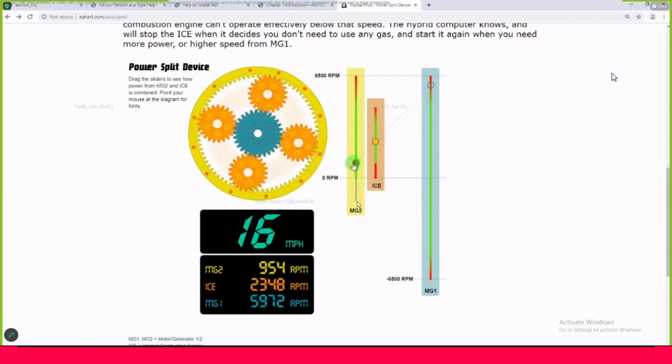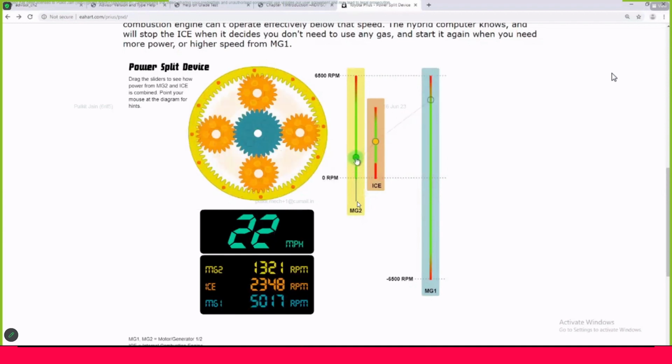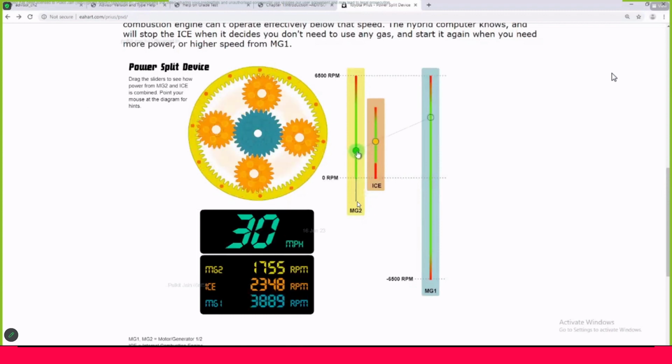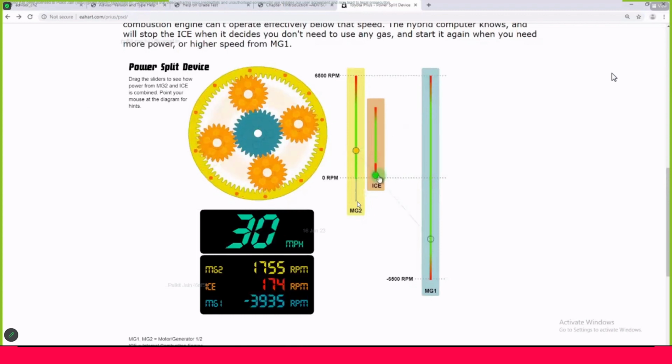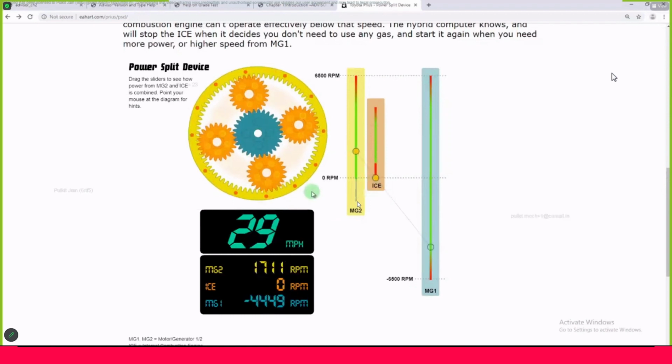So if I go to a higher value of, let's say, 30 miles per hour, then I can probably turn off the engine as well. So this engine is not delivering any power now. Let's check how much maximum speed we can go only on battery.